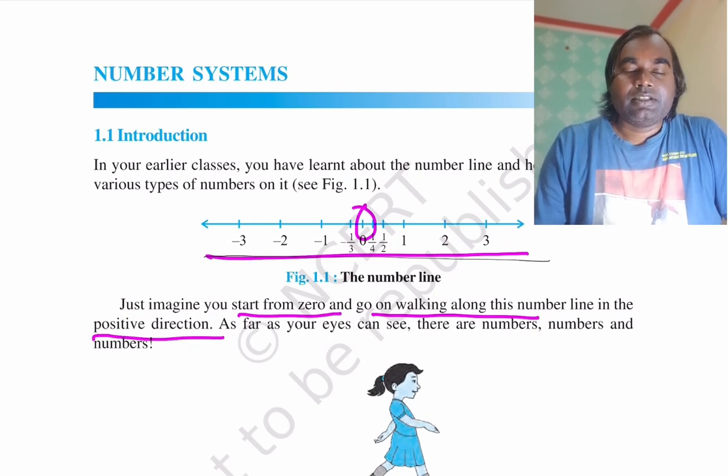Some are integers, some are rational, some are irrational, some are whole numbers, and so on. We will study those numbers in this chapter and how we can represent them on the line. So let's start the video lecture.